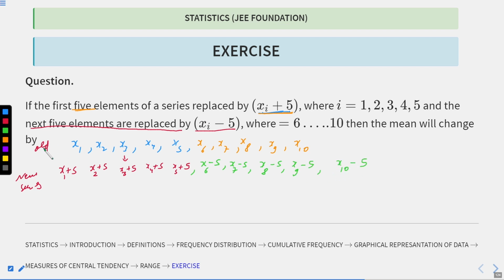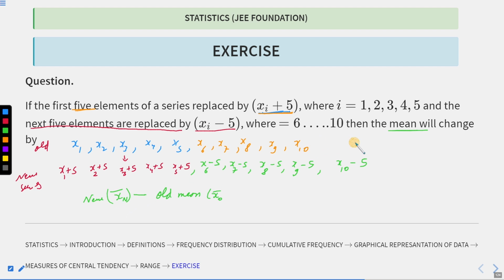I hope this representation is very clear to you. Now I have to find the difference of the new mean and the old mean, that is, new x bar minus old x bar.